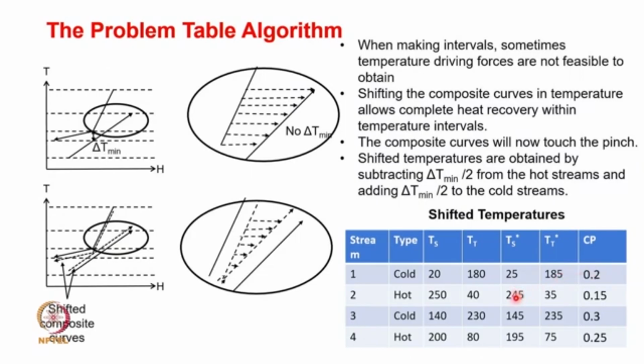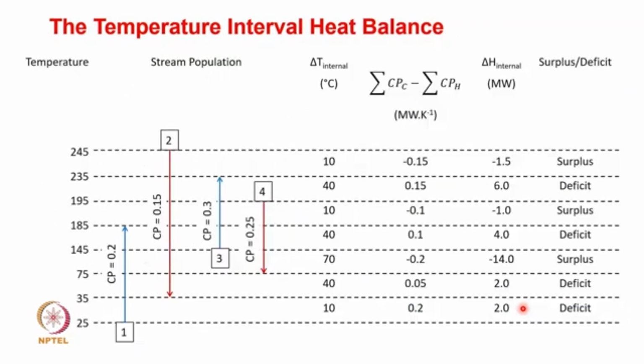One hot stream enters at 245 and exits at 35, another cold stream enters at 145 and exits at 235, and the last hot stream enters at 195 and exits at 75. So we are just marking it. The cold streams are drawn by blue lines and hot streams by red lines, and whatever we have drawn there has been captured by means of the sequences.